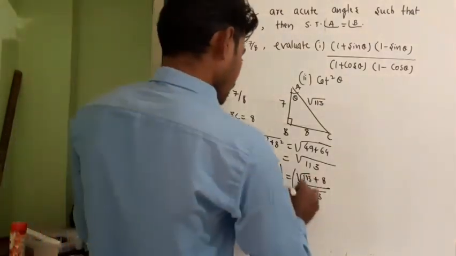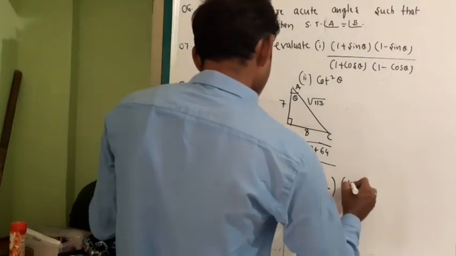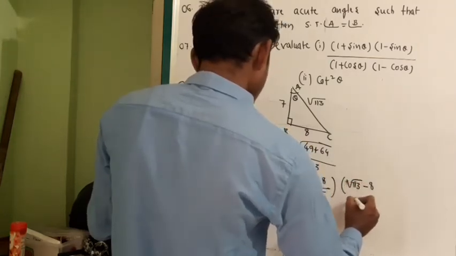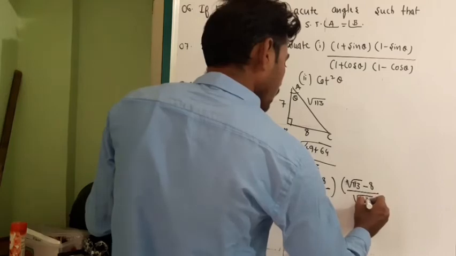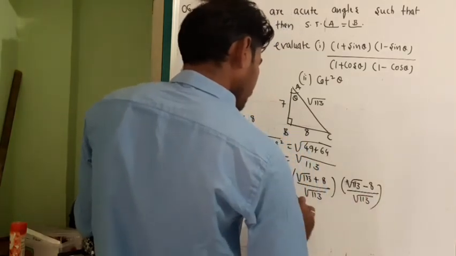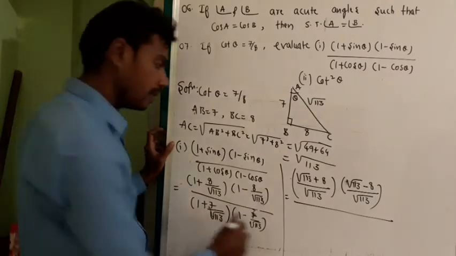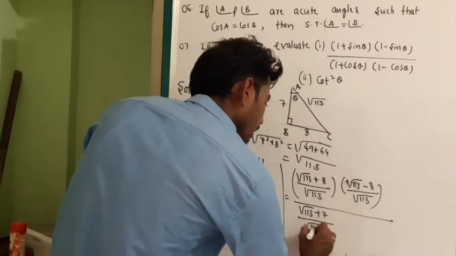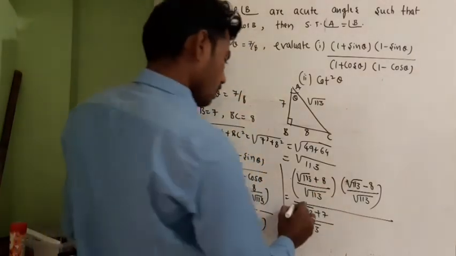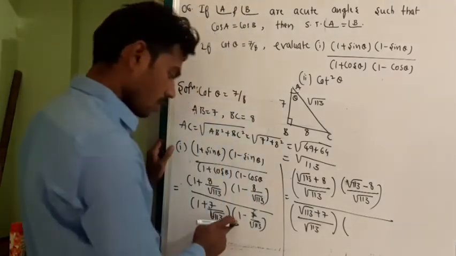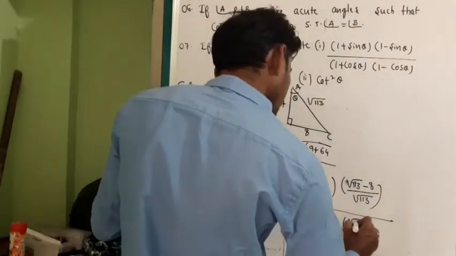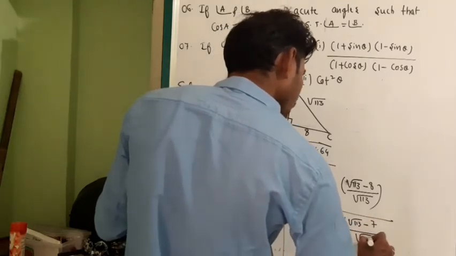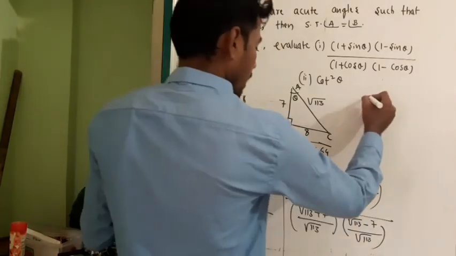So next here you will get root of 113 minus 8 divided by root of 113, divided by root of 113 plus 7 divided by root of 113. Fine. Next, root of 113 minus 7 divided by root of 113. Now I will continue here.